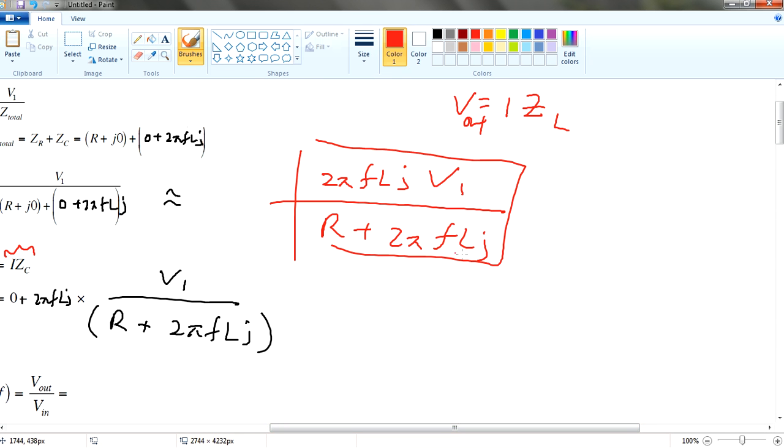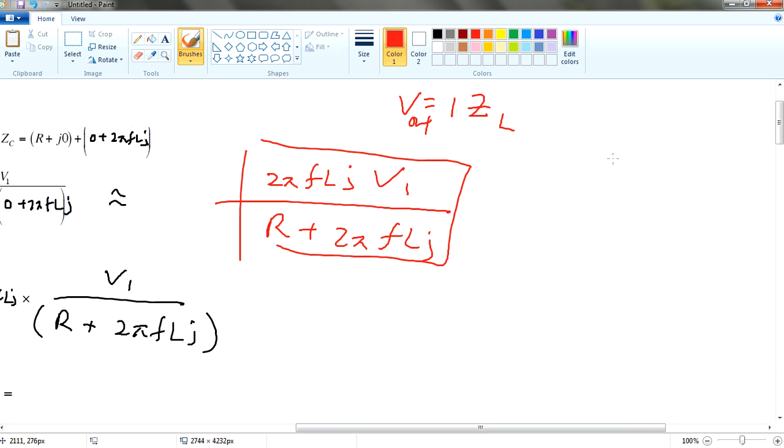What I'm going to do is simplify the circuit to make it cleaner. I can factor out all the 2 pi FL in this case. Maybe I should write in a different color. I have a 2 pi FL J here and 2 pi FL J over here.